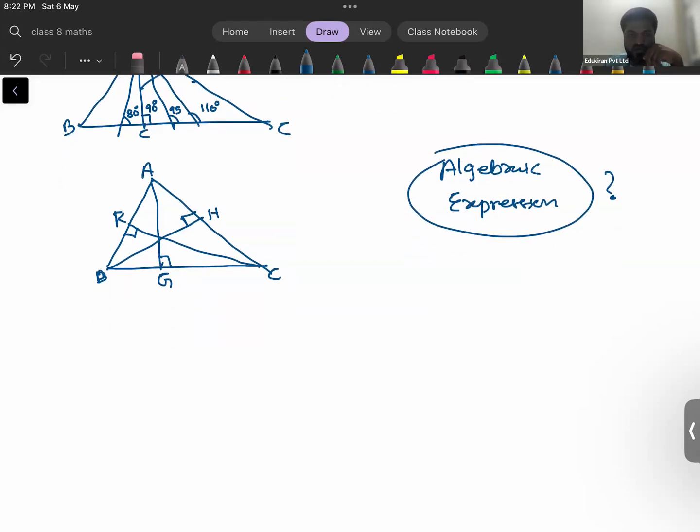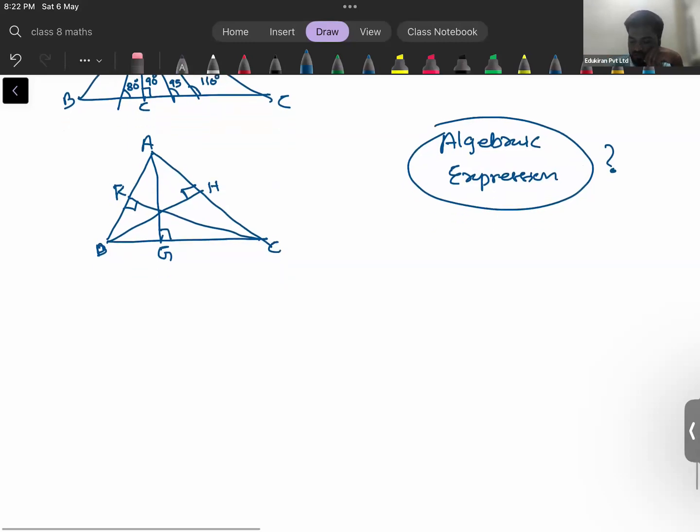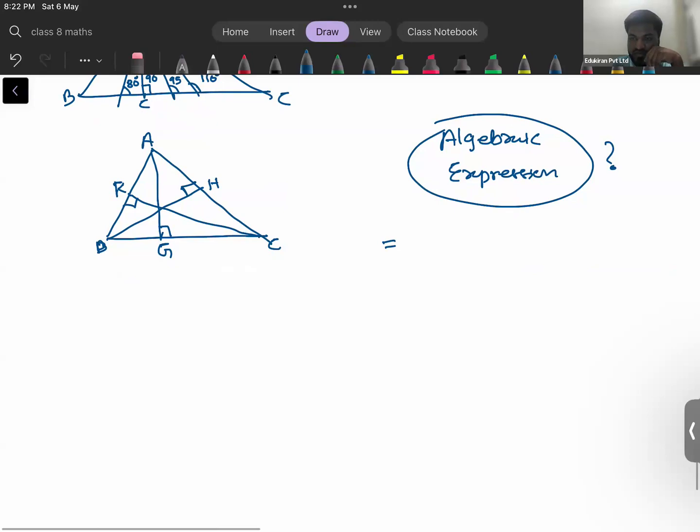Yes, sir. So algebraic expressions basically consist of two elements. One is the variable, and one is the number.